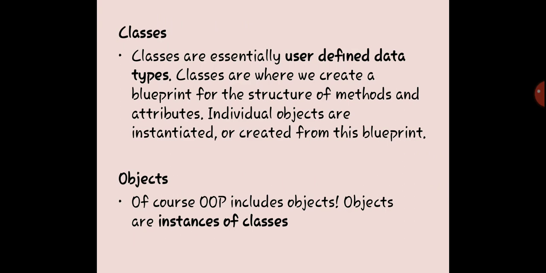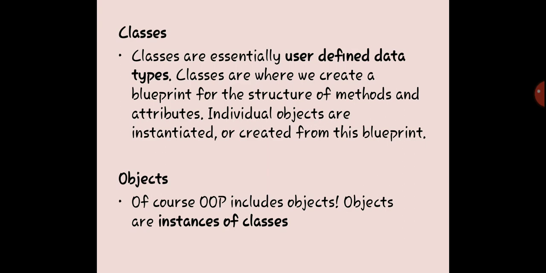For example, I say int a. What is a? A is an integer because it is declared as int. In the same way, in the class type we can create one or more variables. These variables are called objects, right? So objects are the variables of class type. In other words, objects are the instances of the class.